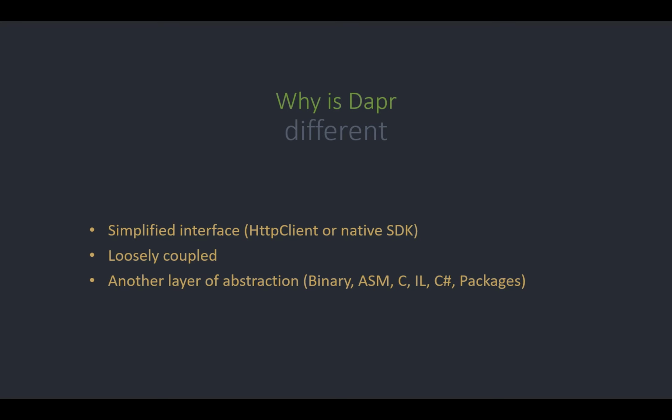So a great way of looking at this is Dapr provides another layer of abstraction. We could, if we wanted to, write an API in binary. And it's quite possible to do, to write all the binary code that sends the instructions to the CPU that fires up a web server and makes an API. But it would probably take a couple of lifetimes to do. So you could write it in assembly and would probably take a lifetime to do.